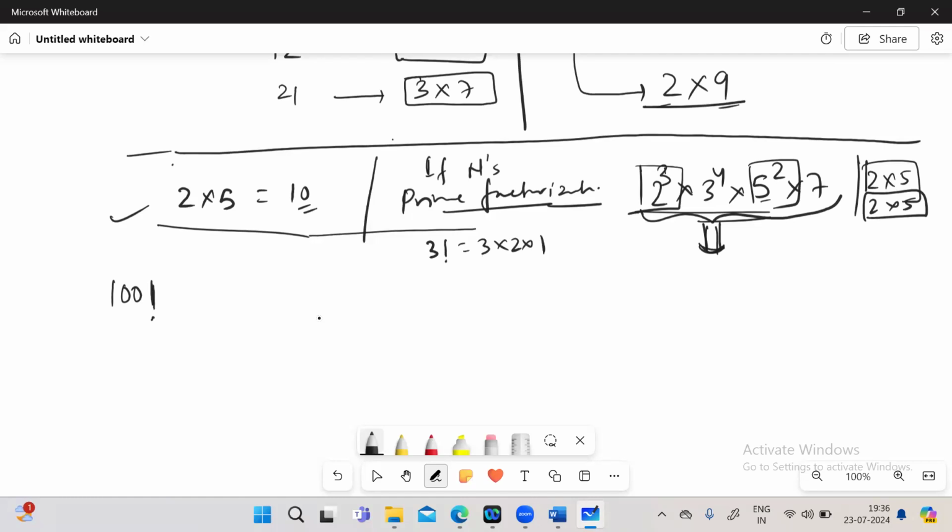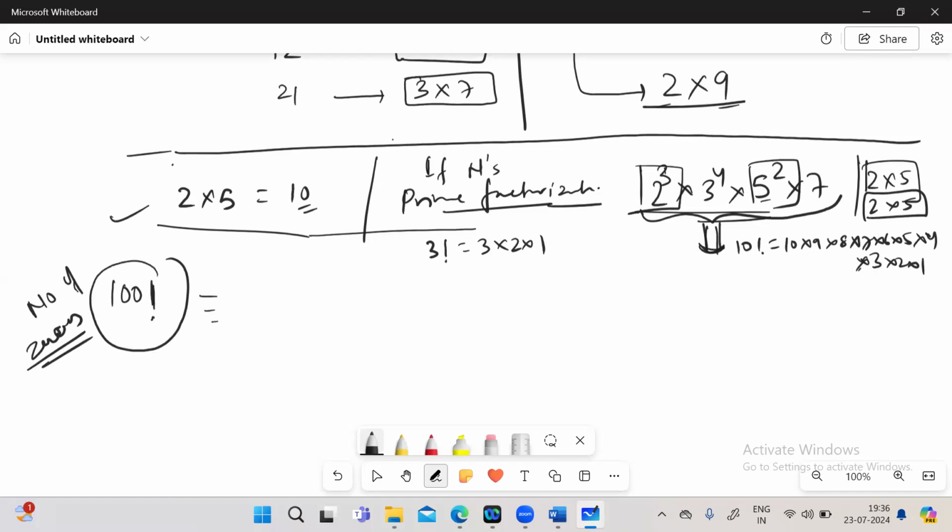And similarly, 10 factorial means 10 into 9 into 8 into 7 into 6 into 5 into 4 into 3 into 2 into 1. All this. So number of zeros in 100 factorial.